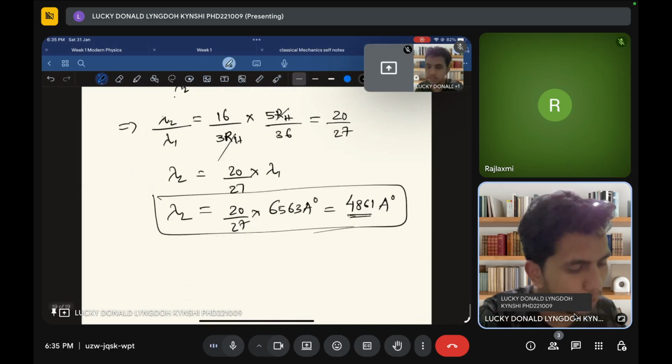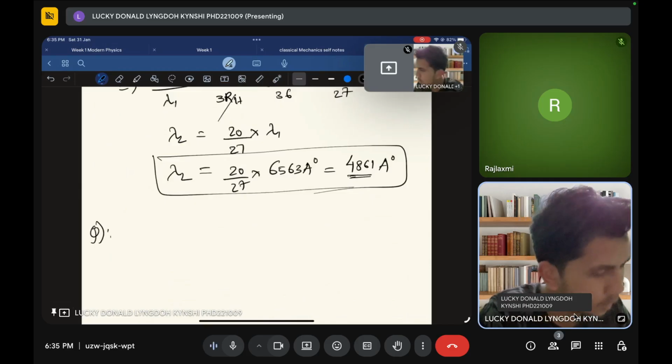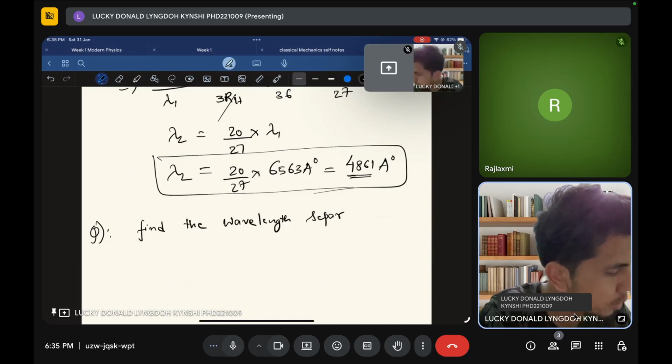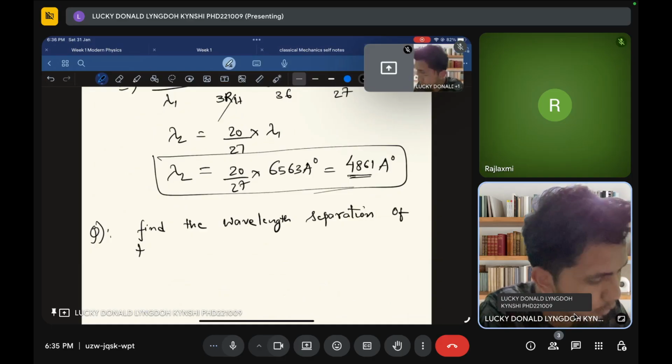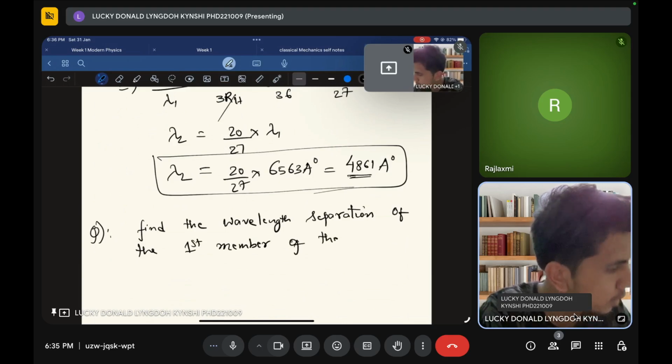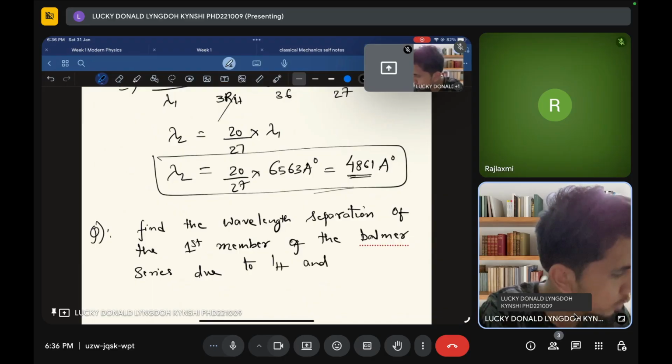And the second part of your question is: find the wavelength separation of the first member of the Balmer series due to 1H hydrogen and deuterium.